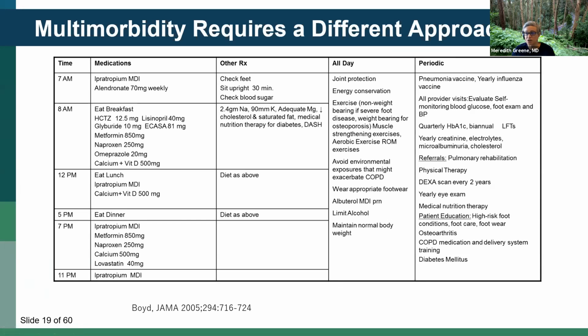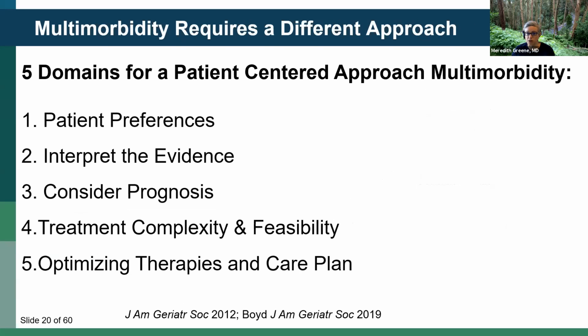And in general, the guidelines were not based on, one, older adults, because oftentimes older adults are excluded from clinical trials. Two, the guidelines are usually focused on people who just have COPD, for example, not someone who has COPD, arthritis, diabetes, etc. So it can be really hard to interpret the data for someone with multimorbidity.